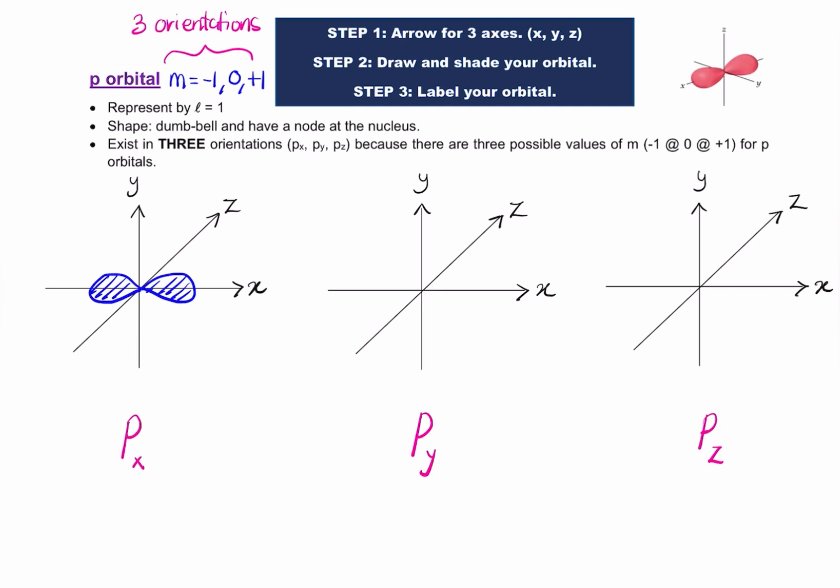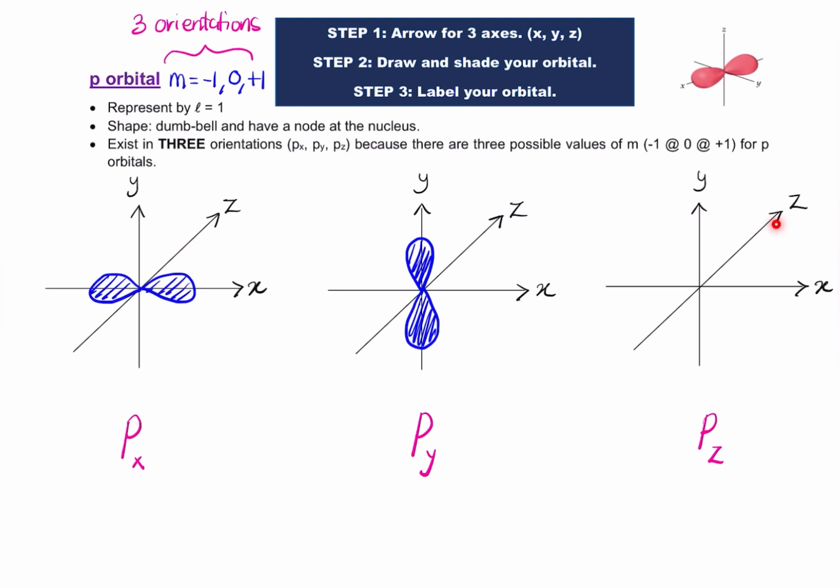Now I'm going to continue with py. I have here the y-axis, so the y-axis is here. So we are going to draw from the center. Make sure you get 2 loops of the same size, and then don't forget to shade your orbital. And last but not least, we have pz.